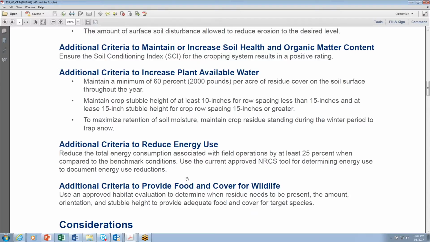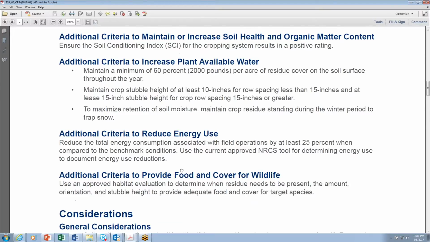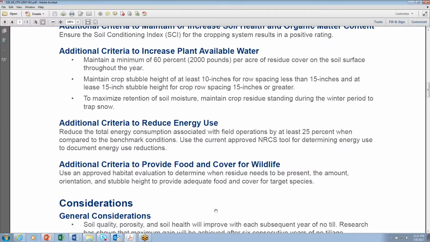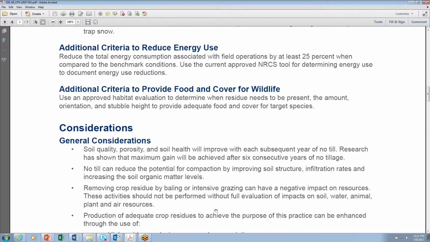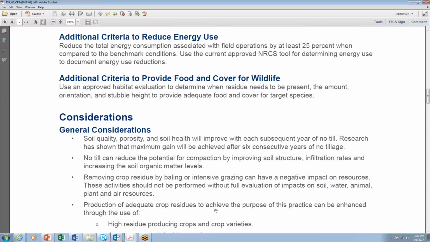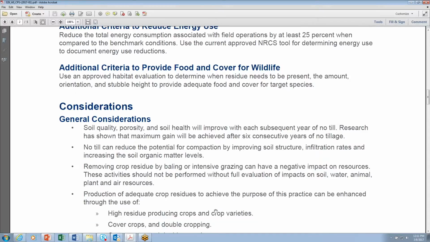We want to drop your energy consumption down 25%, and that's usually factored in reducing those tillages across the field, so you're saving on your energy use or your fuel use. And then of course we have food and cover for wildlife, so we're wanting to see stubble height, and so we have some cover out there and some food source for wildlife species. Those are all the different purposes for this particular practice standard.